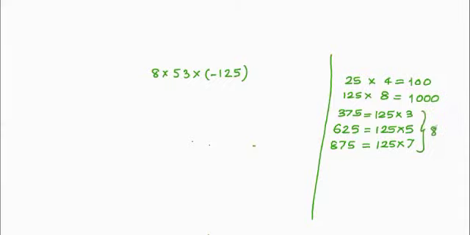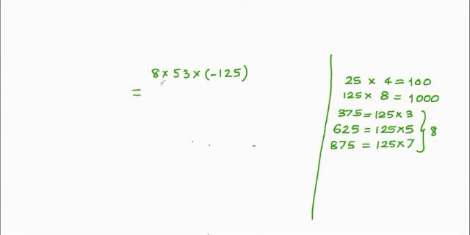So now here we see that there is 8 and there is 125, but they are far away. Normally, as per BODMAS, we would first multiply 8 by 53, and then whatever is the result, multiply it by 125. But we will be using the commutative property, and we will change this.